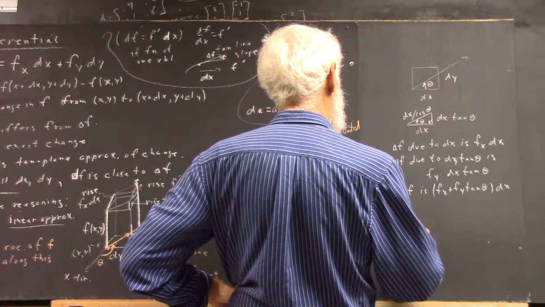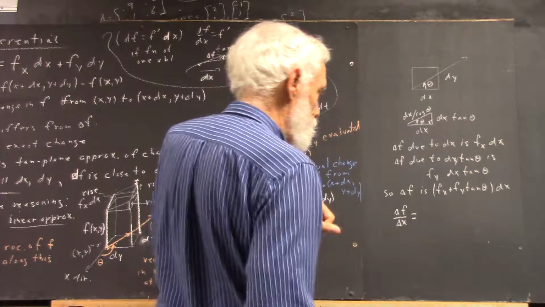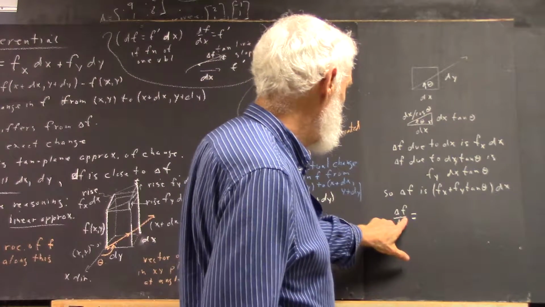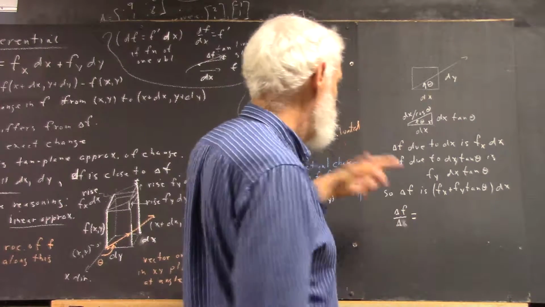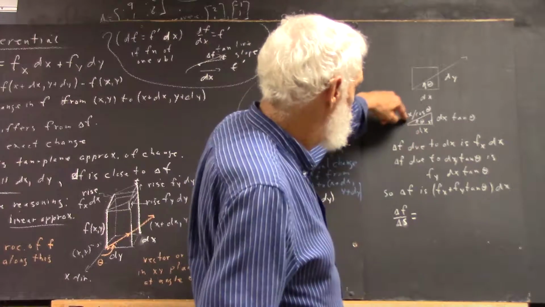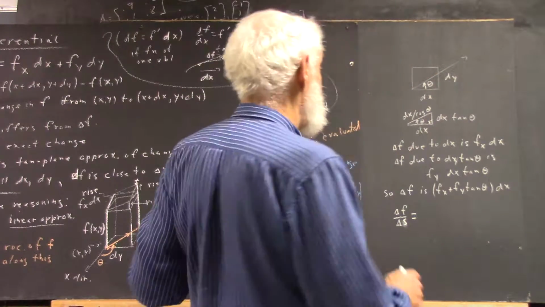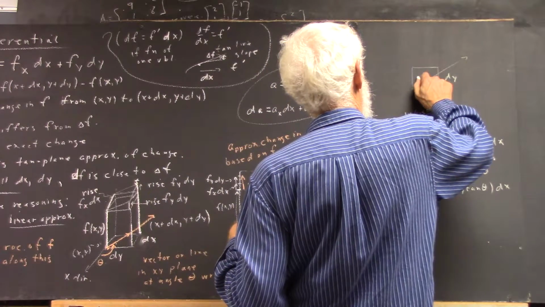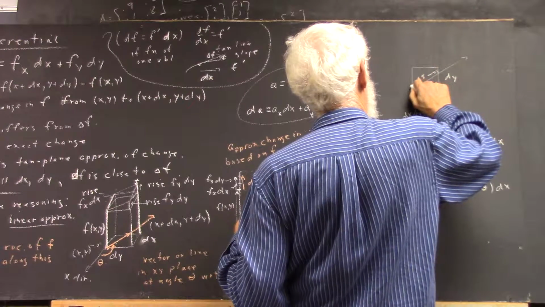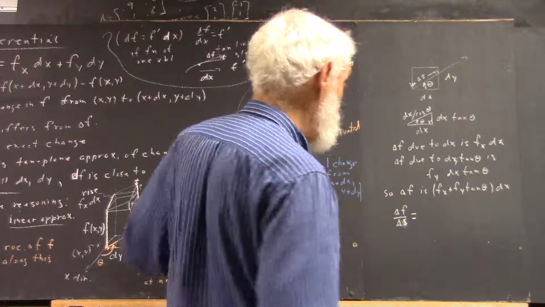So delta F over delta S, where delta S is your displacement along this line. Okay? So we're going to call this delta S here, the length of the hypotenuse of this triangle. Delta F over delta S is what?